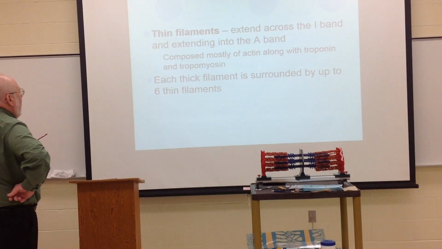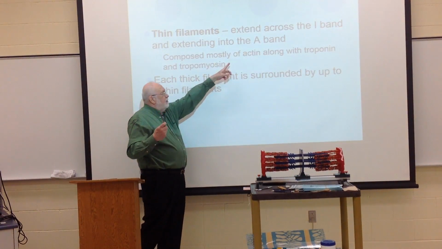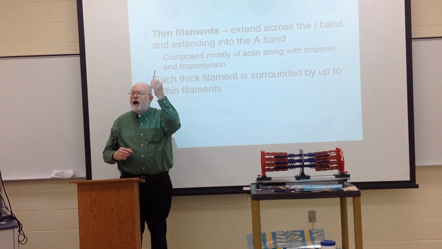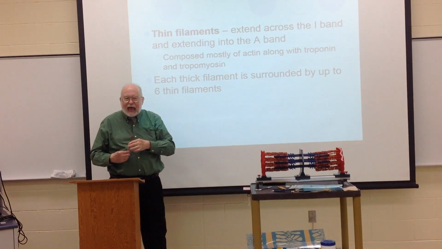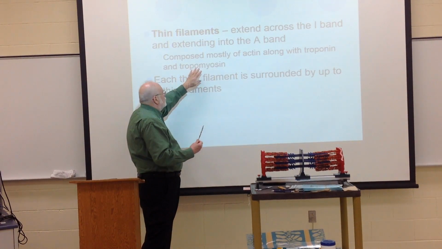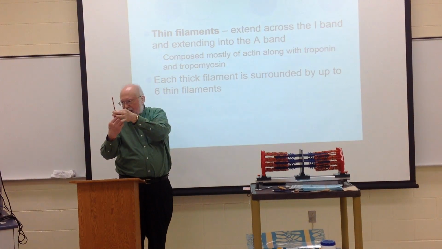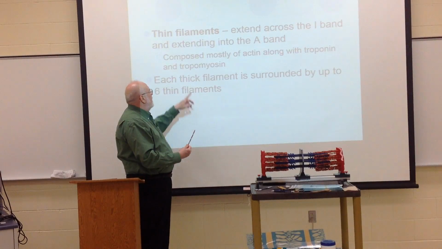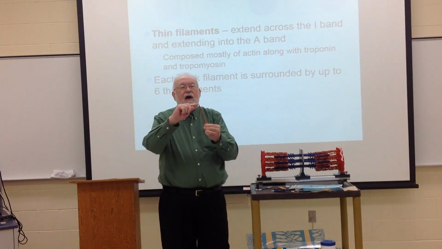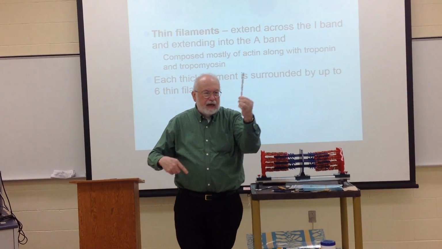These are made of actin. On the model, the actin will be these little red balls that you see spiraling around the thing. That's actin. Then there's another protein called troponin, the green balls that you see on here. And then tropomyosin, rather, is the yellow filaments that spiral around the actin.